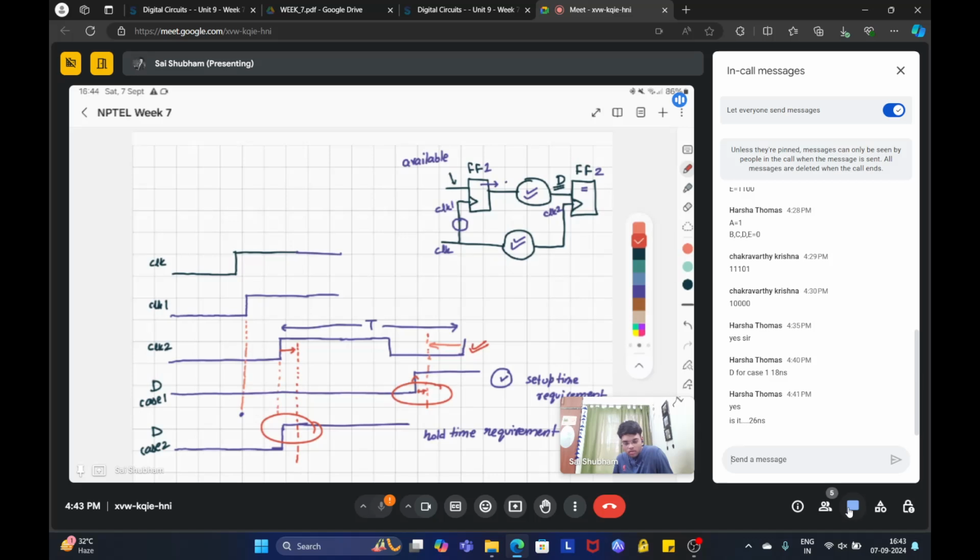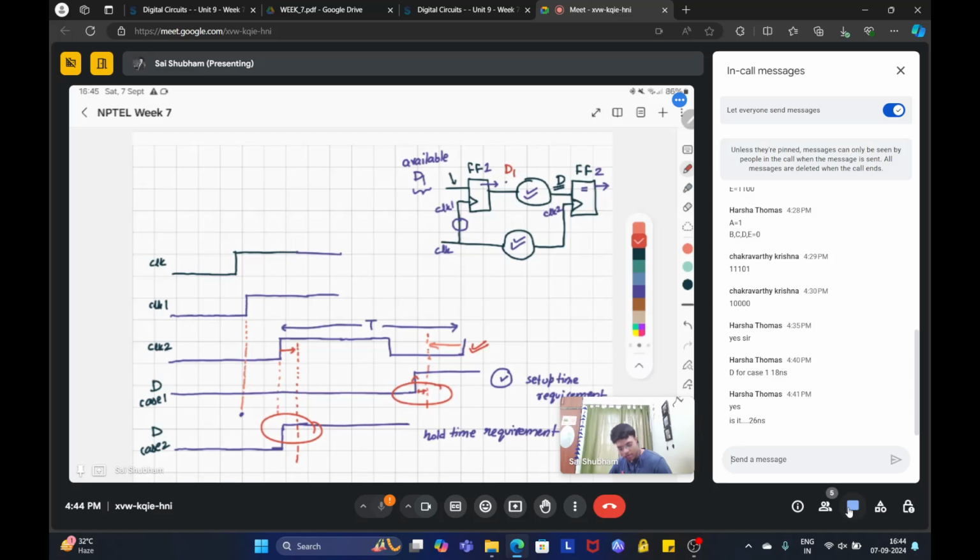So when we are talking about hold time, what we are saying is that the data should not travel from flop 1 to flop 2 in the same cycle. Suppose this is D1. What should not happen is that D1 should be available at the output of flop 2 at the same clock edge. So that we have to avoid. In the first clock edge, D1 should be available after flop 1.